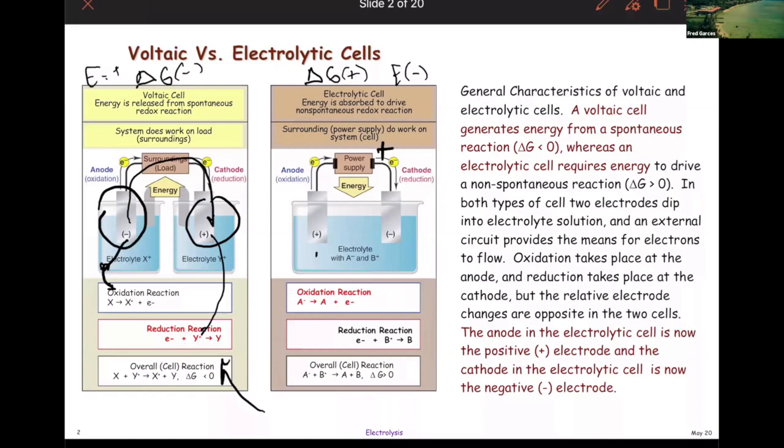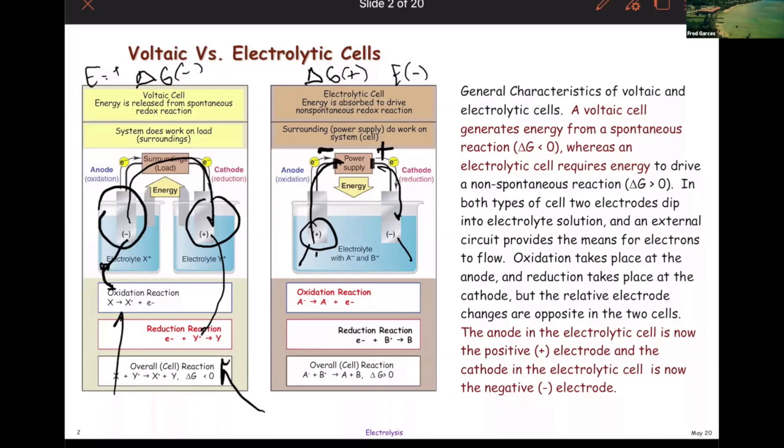But notice that the anode is now the positive terminal, and the cathode is the negative terminal. That's the main difference between the two cells, that the signs of the electrodes are opposite. In the voltaic cell, the anode is negative, the cathode is positive.